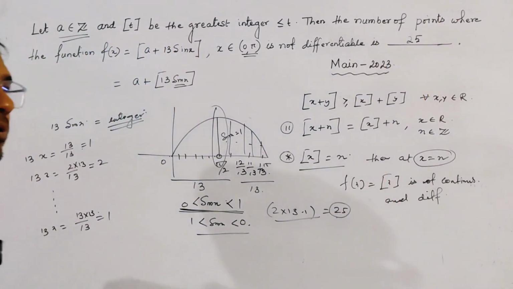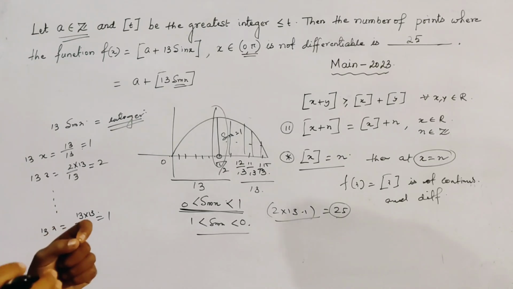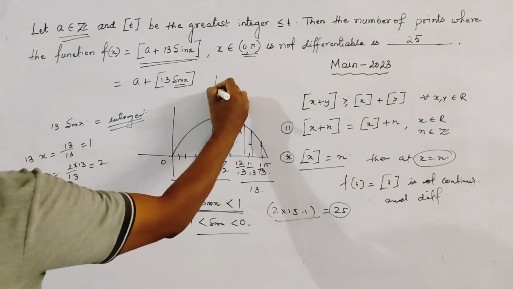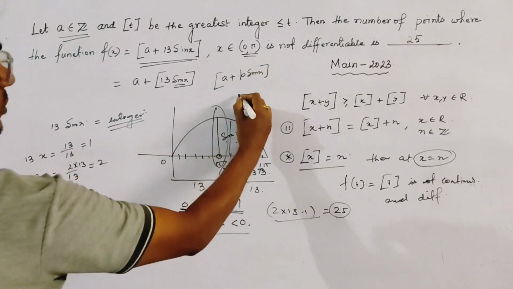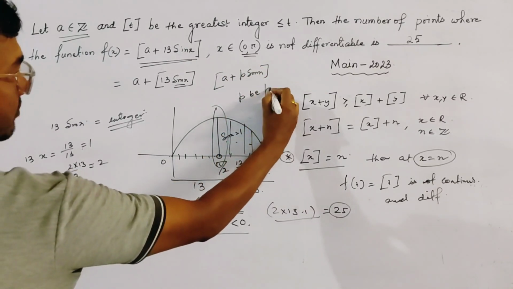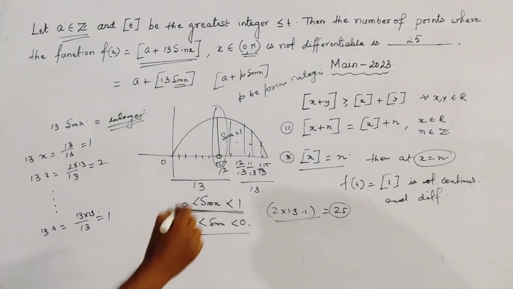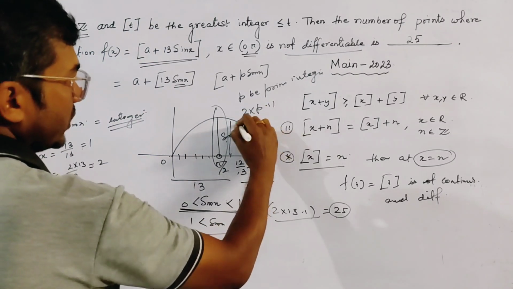Okay, and you can remember it by a simple formula. If the function is A + [p sin x], where p is a prime integer, then the number of non-differentiable points is 2p minus 1.